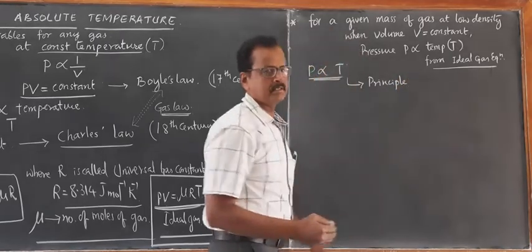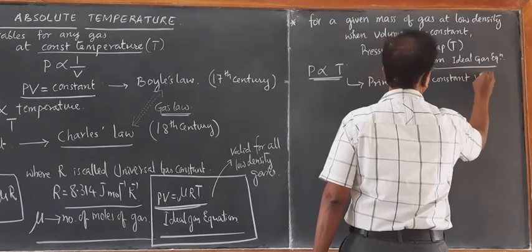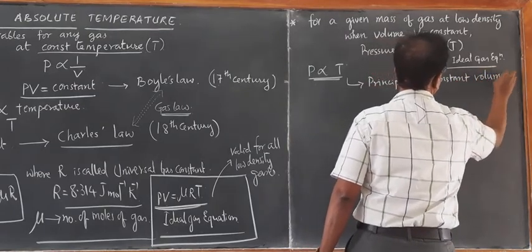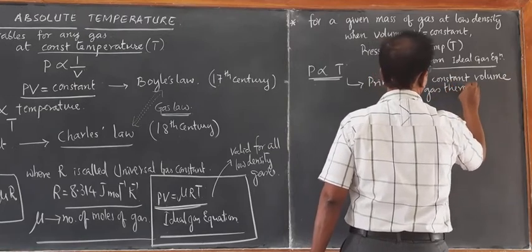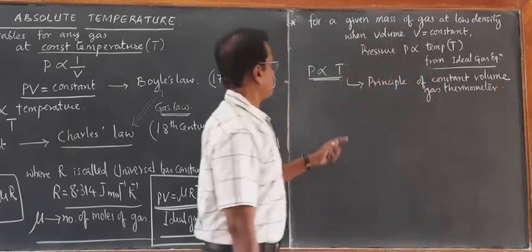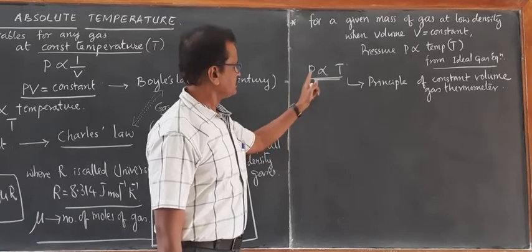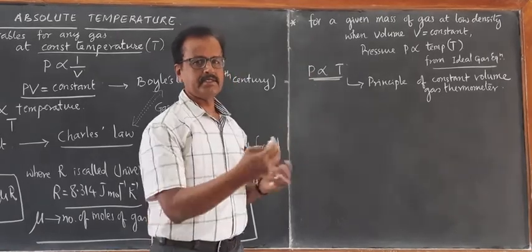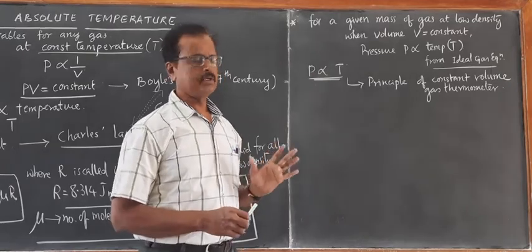or the basis of the constant volume gas thermometer. It means as temperature rises, pressure rises. So we measure the pressure for various temperatures, the corresponding values of pressure.